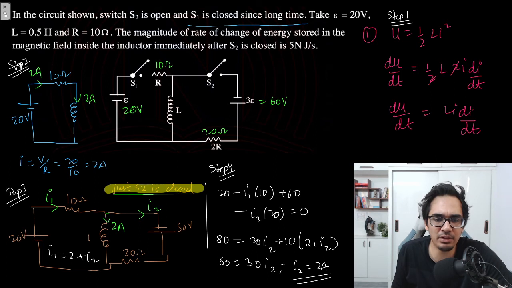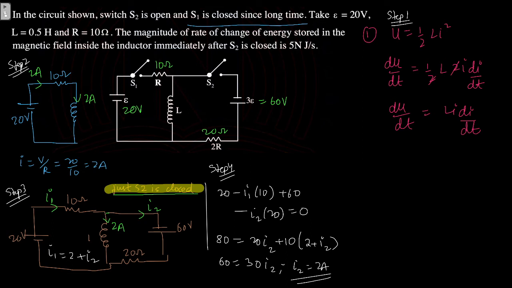So now when you have I2 is equal to 2 ampere, then we can just get the result. Just a sec. Okay. Then you can get the result in step 5. Now we have to find this. We already know we have to find this, right? So how to find this? Just use the expression.